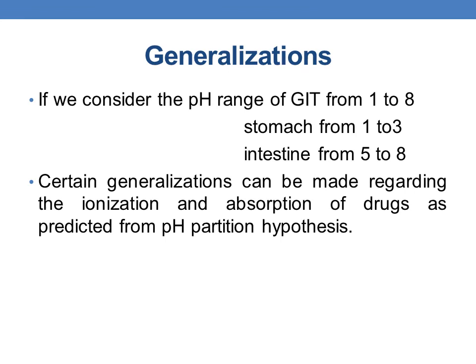Now if we consider the pH range of the GIT from 1 to 8, the stomach ranges from 1 to 3 and the intestine ranges from 5 to 8, certain generalizations can be made regarding the ionization and absorption of drugs as predicted from the pH partition hypothesis.